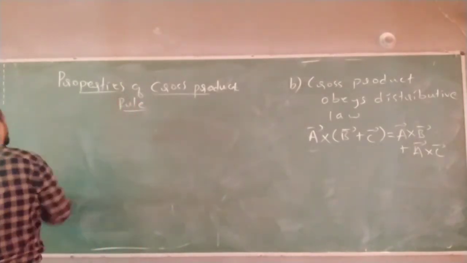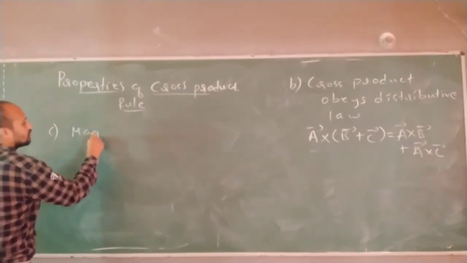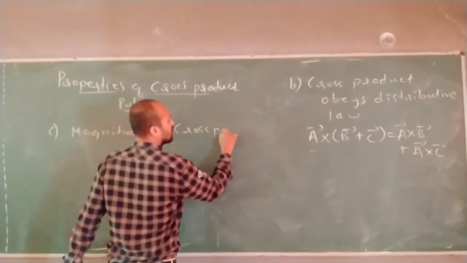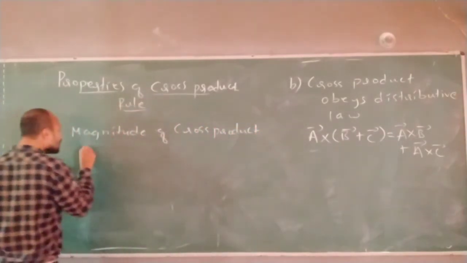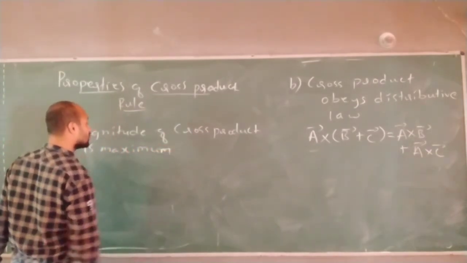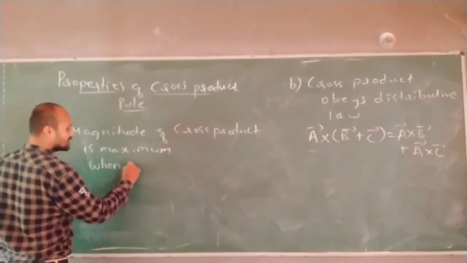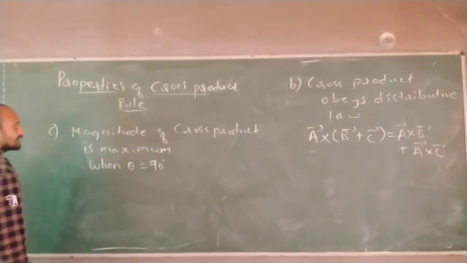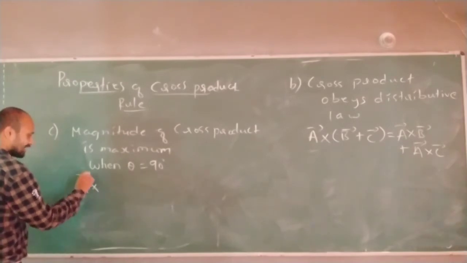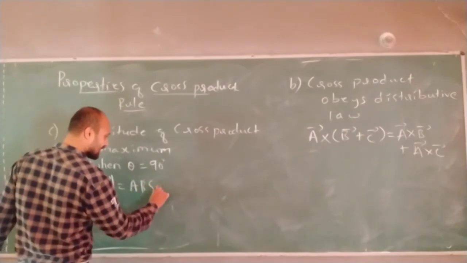It says the magnitude of cross product is maximum when theta is equal to 90 degrees. Correct? We know that the magnitude of A cross B is AB sin theta.